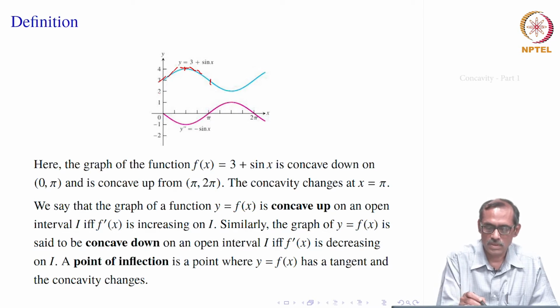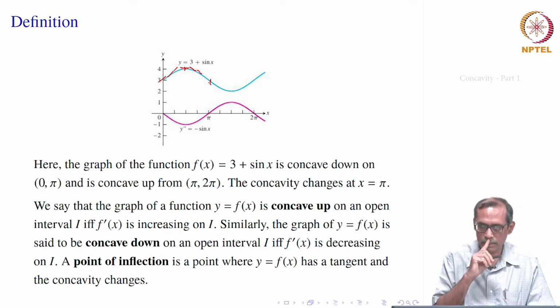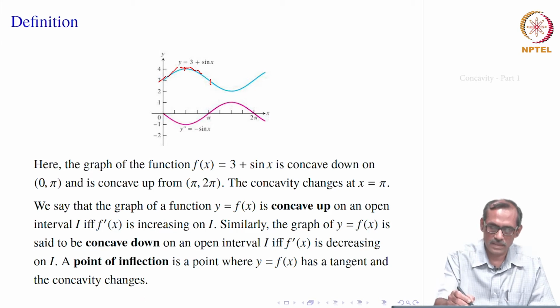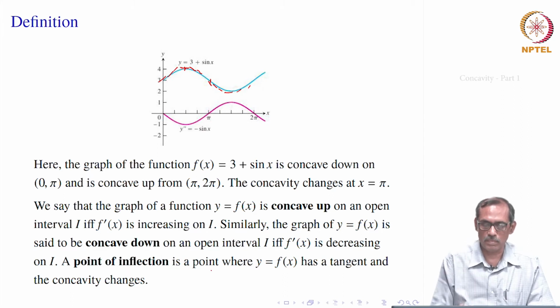That means it is positive going to 0, then from there it is negative. So, from 0 to pi, the slope of the tangent is really going from positive to 0 to negative, that is, it is decreasing. And on the other side, you will see that it is negative, then it becomes 0 and then it becomes positive. So, it is increasing from pi to 2 pi.